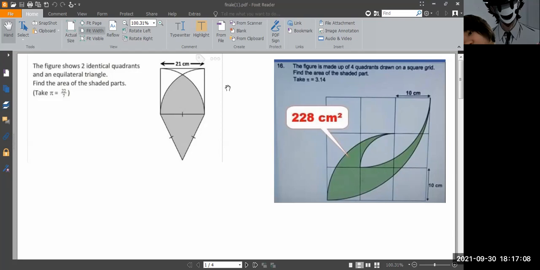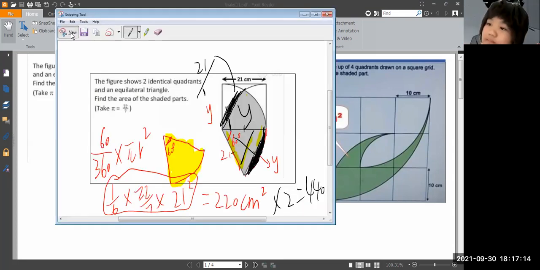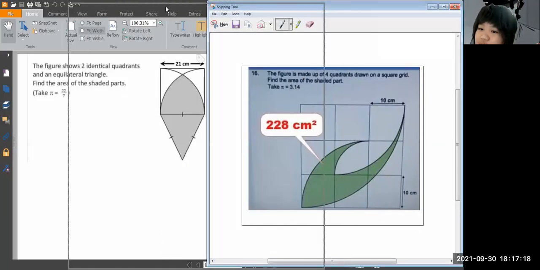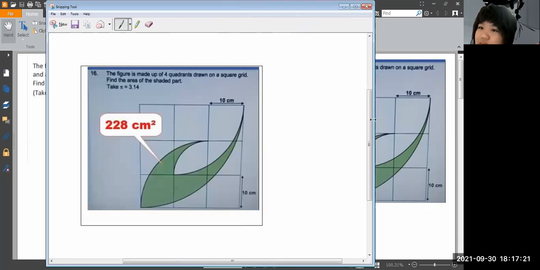But for this question, what you need to do is, okay, let me just cut this out so I can explain it better. For this question, what you can actually do is a duplicate of this question. Okay, let me use a different color. So do a duplicate.